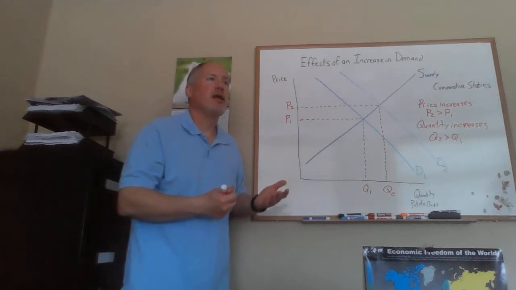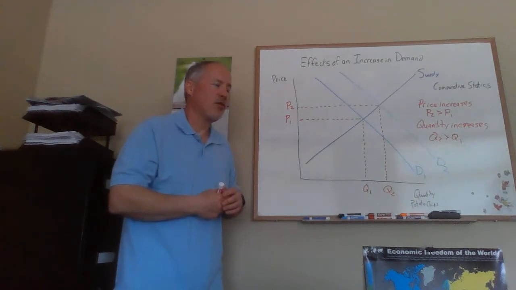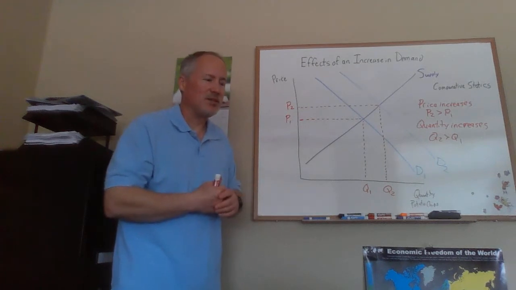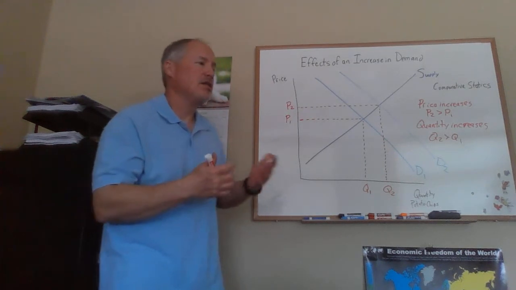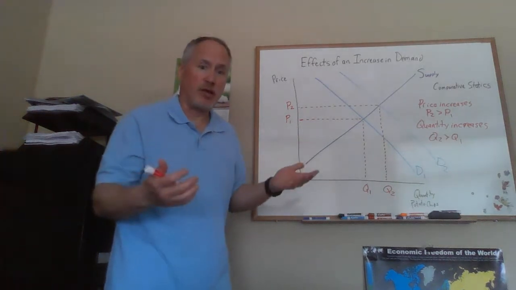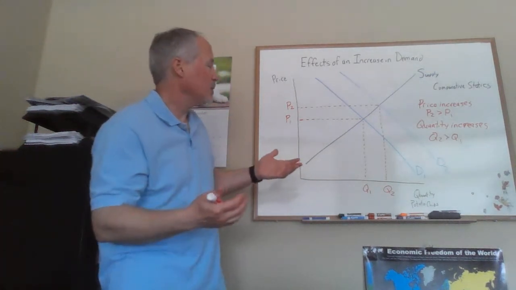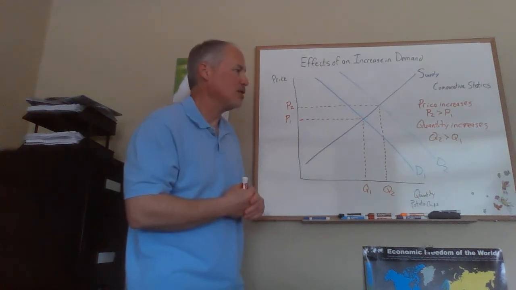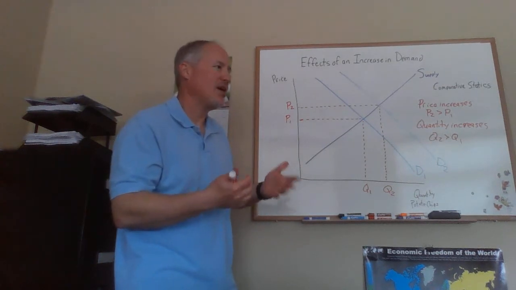So if you want to think about it, the demand for beach rentals on the Florida Gulf Coast is going to be higher in July than it would be in January. And we can explain that: people would just rather go to the beach in the summer when it's hot than in January.